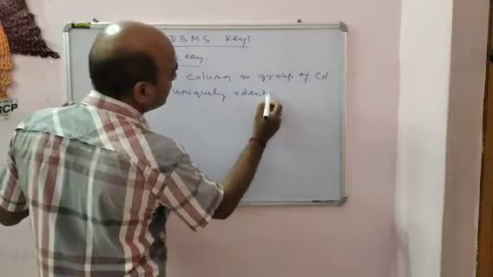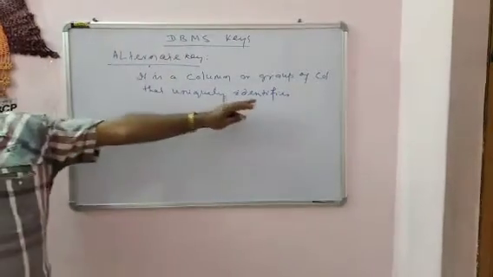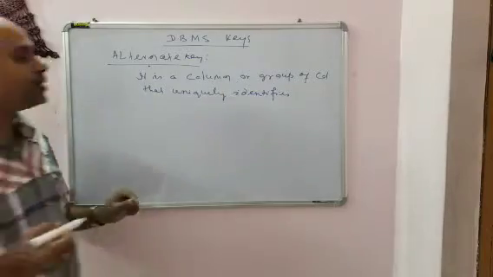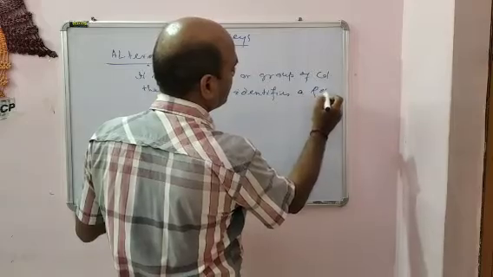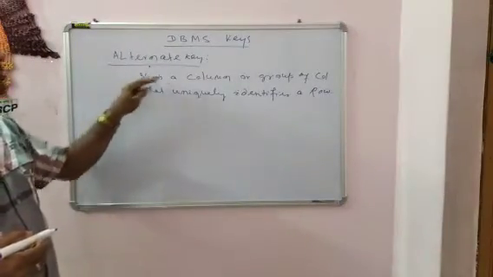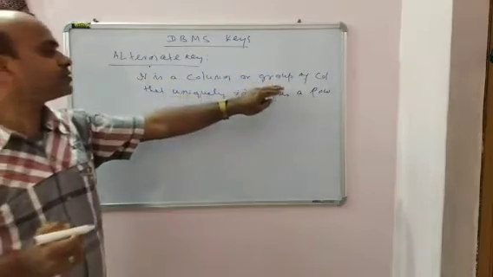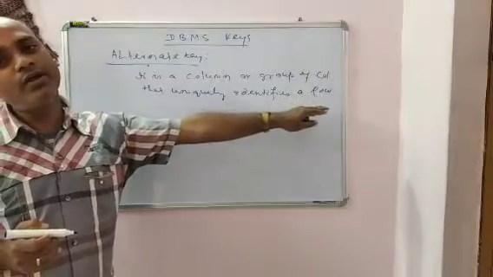So this alternate key is nothing but a column or a group of columns that uniquely identifies a row in a table.